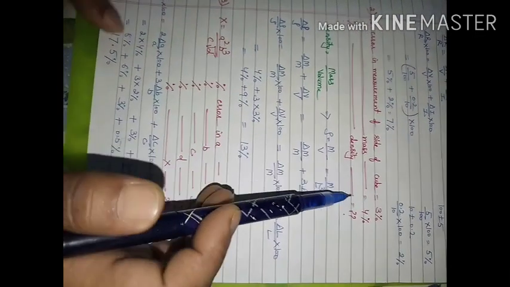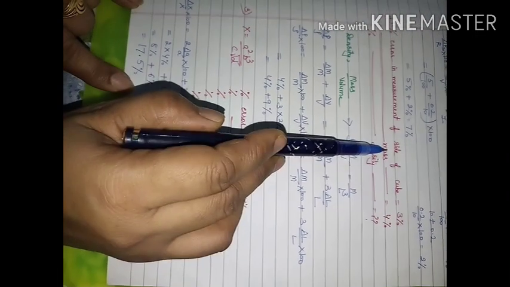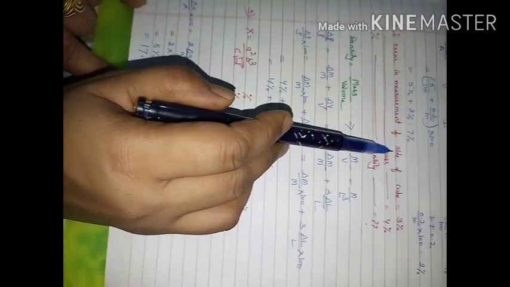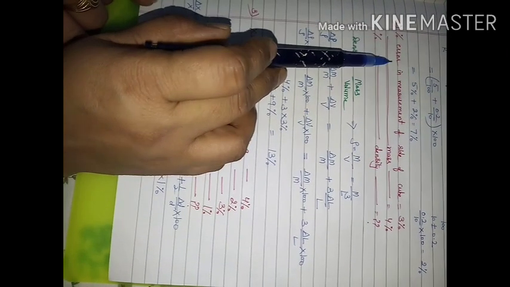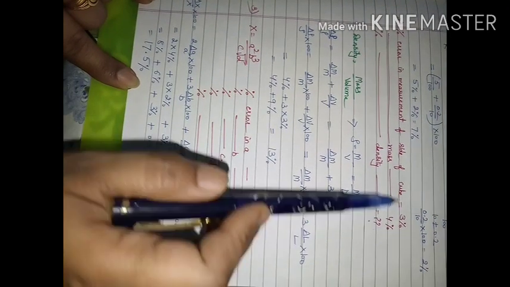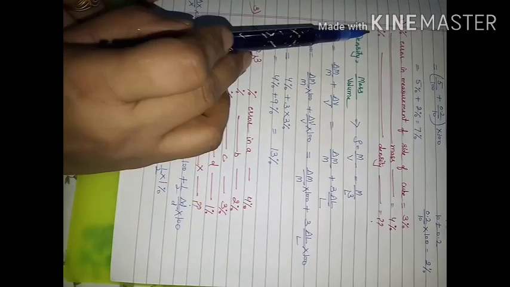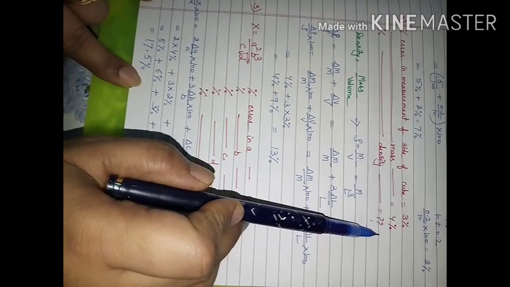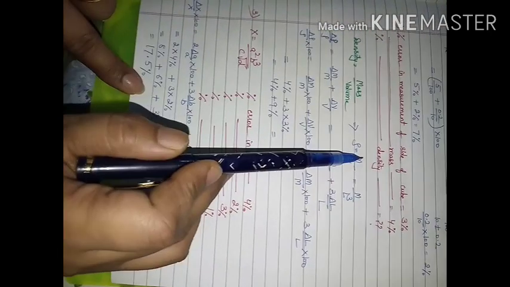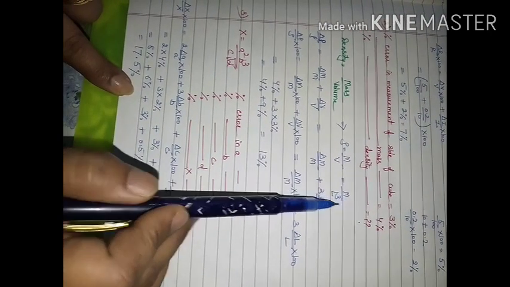Next question. A cube is given with side L, and when its measurement was done, the percentage error came out to be 3%, and in its mass the percentage error came out to be 4%. You have to find the percentage error in density. Now the density formula is mass upon volume. Volume will be equal to L cube.